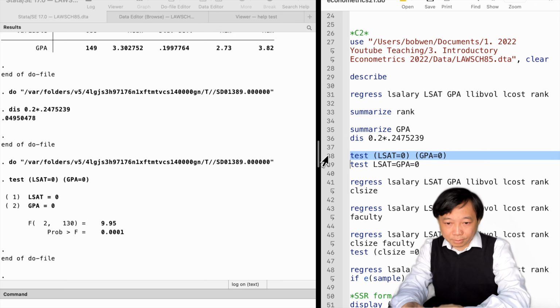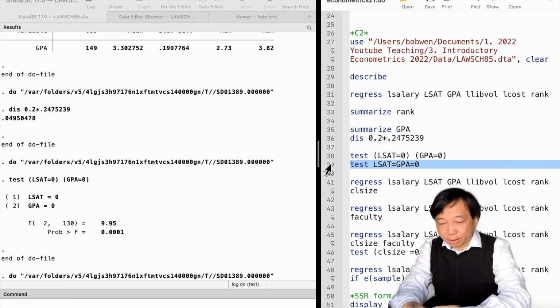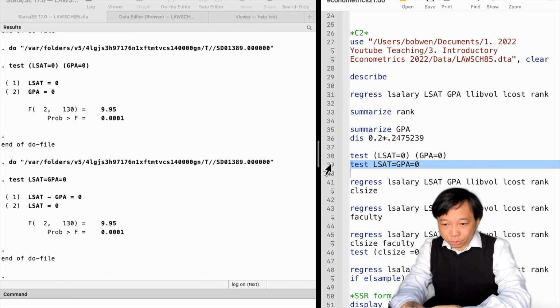It suggests that we can reject the null hypothesis at the 1% level and conclude that the two variables are jointly statistically significant at the 1% level. We could also type test LSAT equals GPA equals 0 to do the F-test.